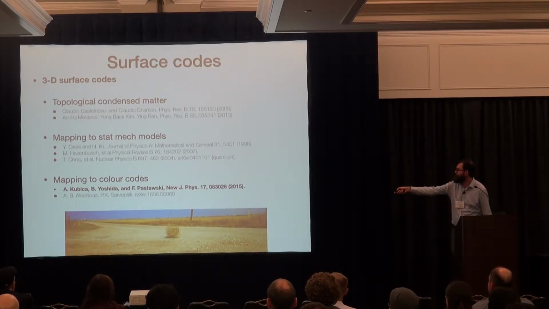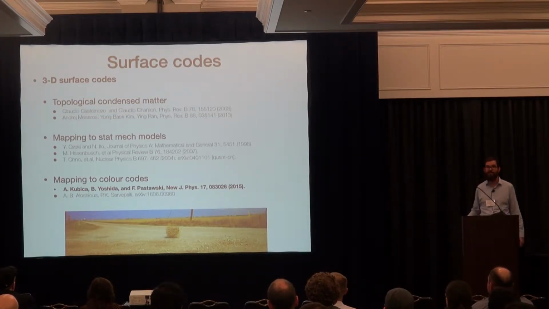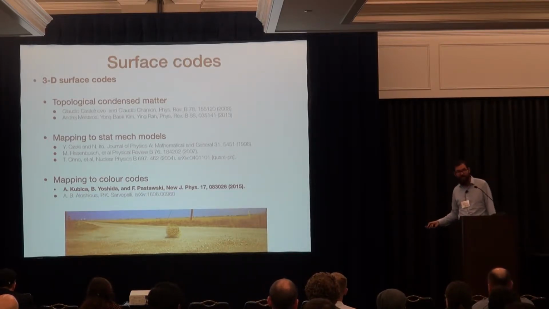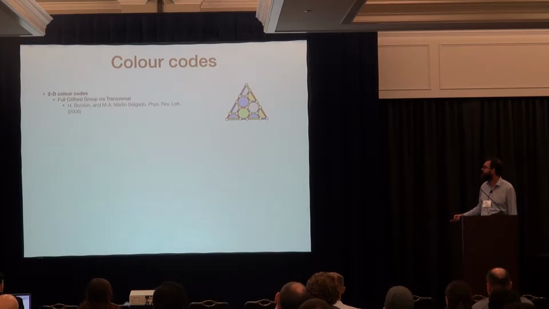And I've highlighted this paper here by Kubica, Yoshida, and Pastawski. All three of them are here at the workshop. And because this in particular was the inspiration and the motivation for the work I'm going to talk about today.